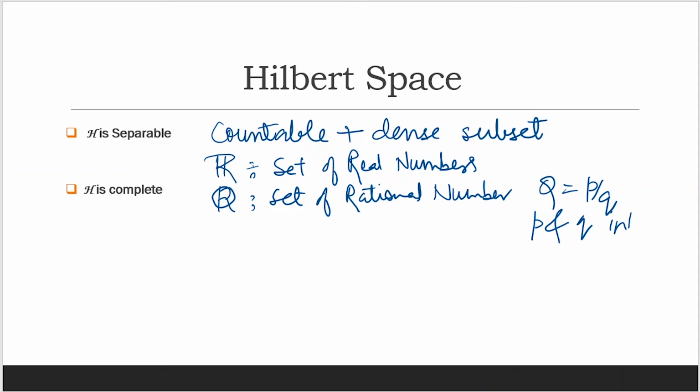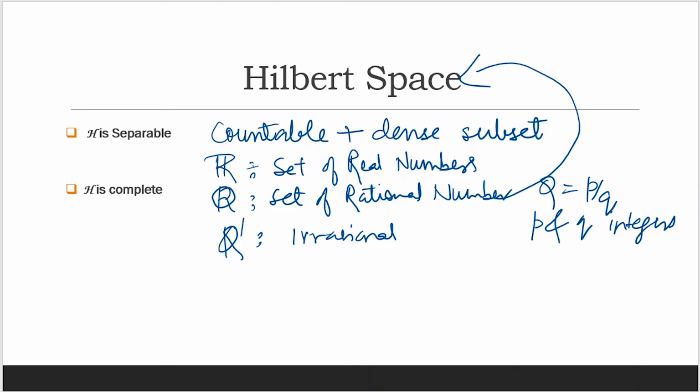Integers are countable, we can count 1, 2, 3, 4, whereas we cannot count the irrational numbers. So our set of rational numbers is countable, and then Hilbert space is complete.